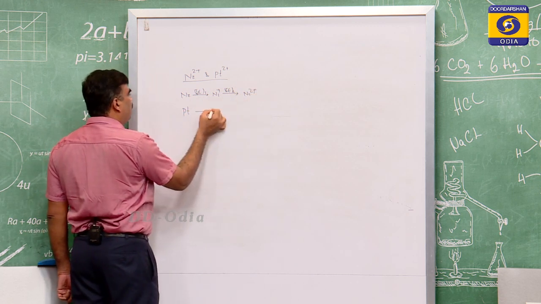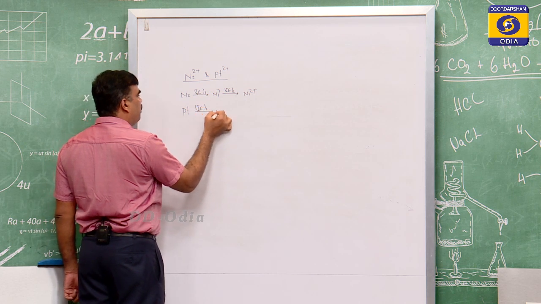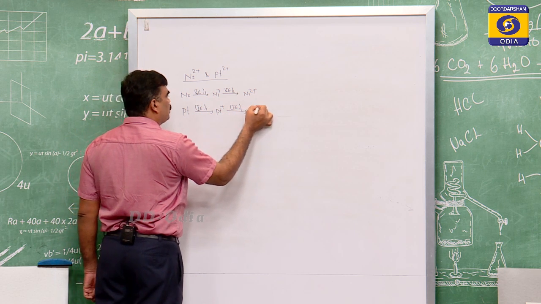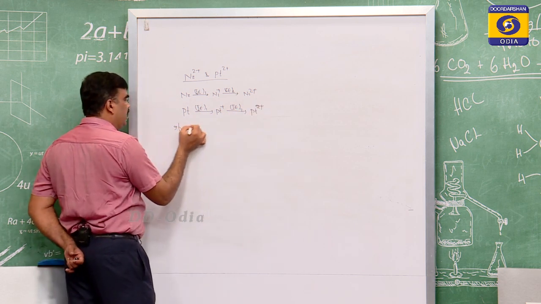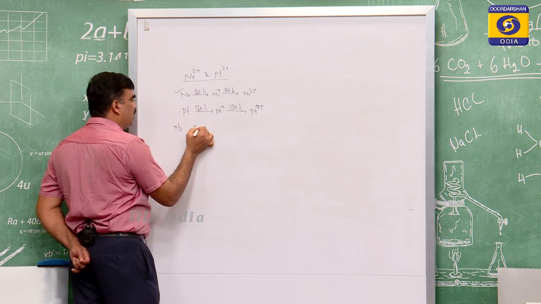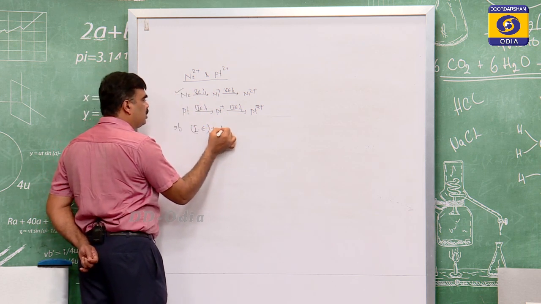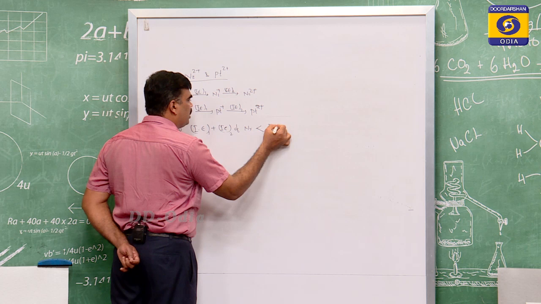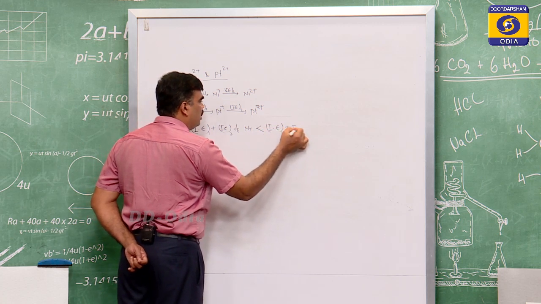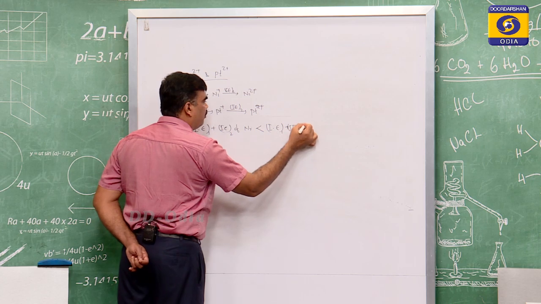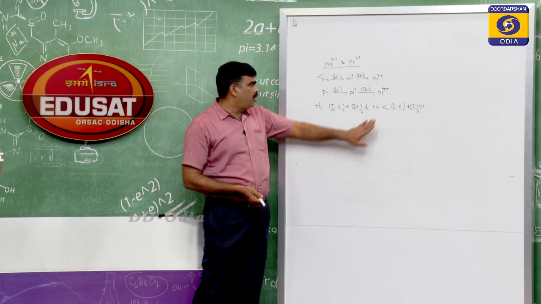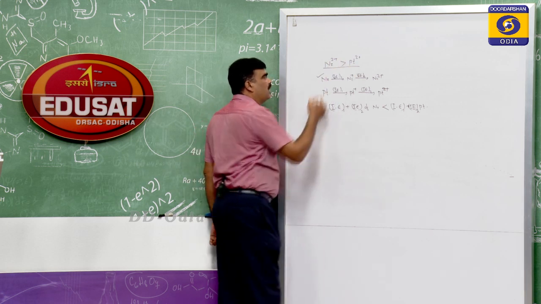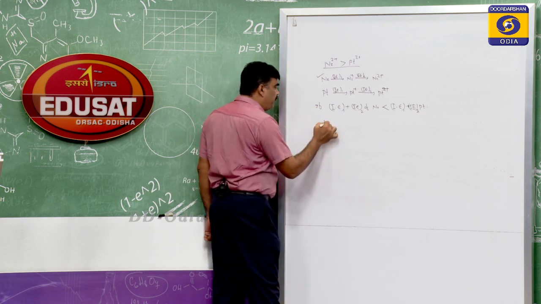In case of platinum, similarly ionization energy 1 gives Pt plus, ionization energy 2 gives Pt2 plus. The ionization energy 1 and ionization energy 2 of nickel are less than those of platinum. So the sum of ionization energies of nickel is lower than that of platinum, hence the nickel cation is more stable than platinum.